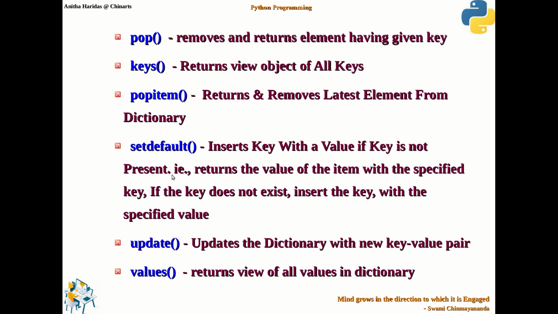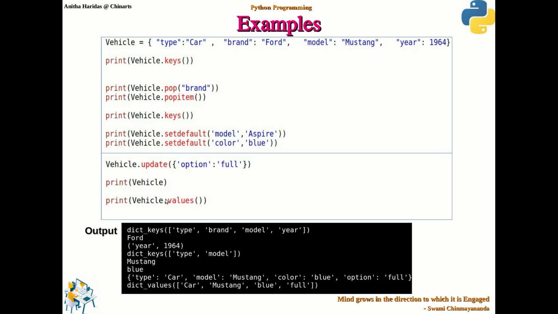Then I have another interesting method called setdefault. It inserts a key with a value if the key is not present. That is, it returns the value of the item with the specified key. If the key does not exist, it inserts the key with the specified value. Let us see the example. I am having print vehicle.setdefault model comma aspire. So what happens now?